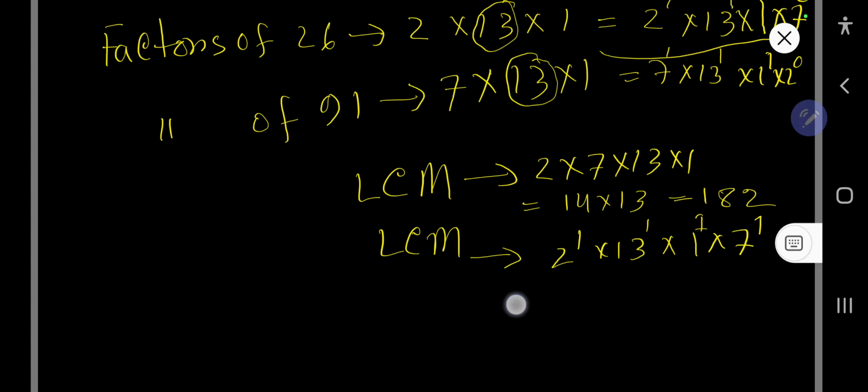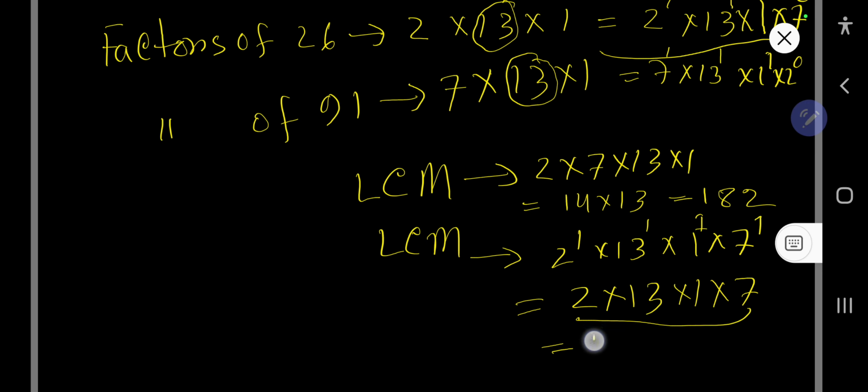Now, that is equal to 2 times 13 times 1 times 7, that is 7 times 2, 14, 13 times 14, that is 182. So for LCM, least common multiple, we are considering just the opposite, the highest power.